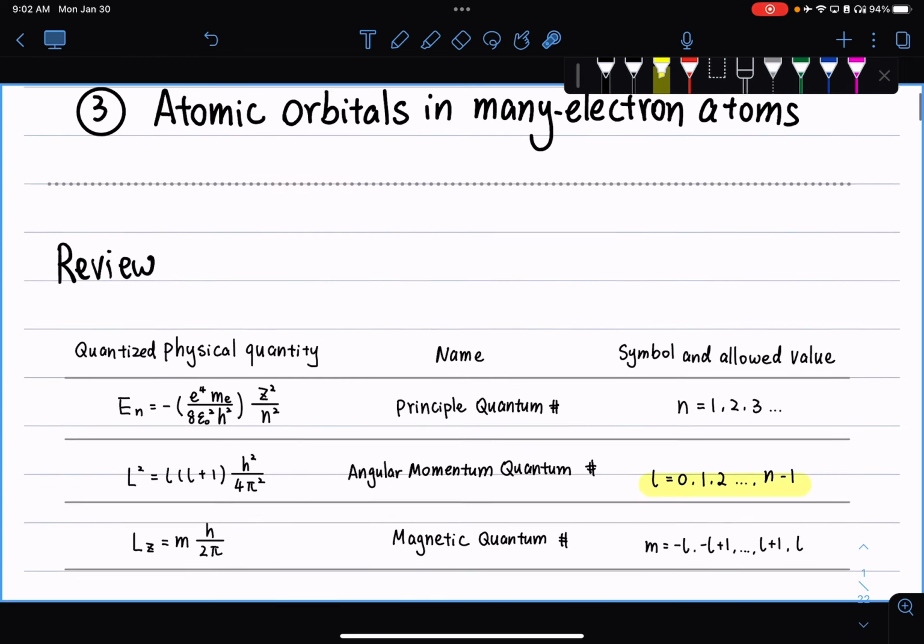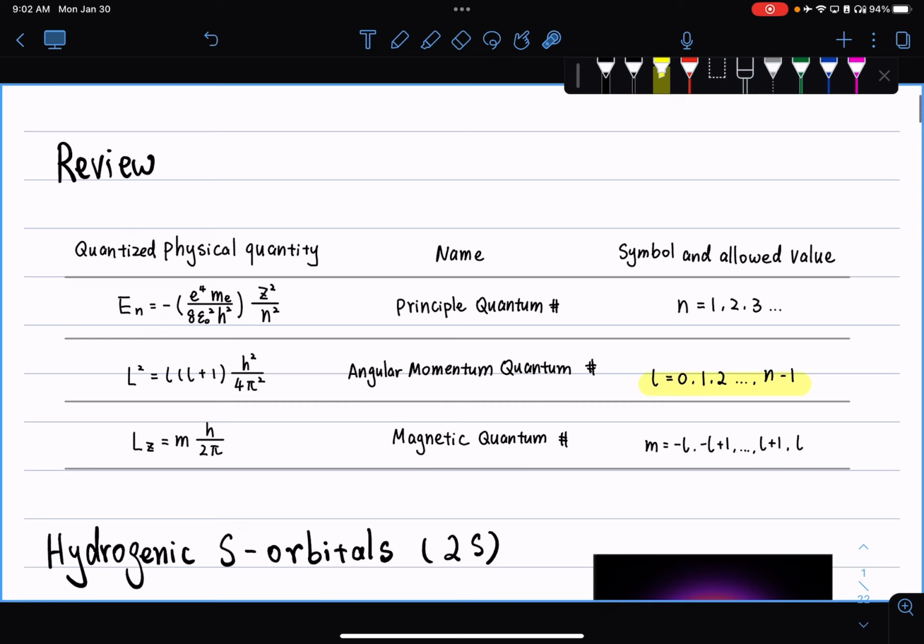Before we get started, here is a quick review on what we discussed in our last lecture. Remember, the solution for the hydrogen atom is a three-dimensional problem. And because it is a three-dimensional problem, naturally we have three quantum numbers associated with the hydrogen atom Schrodinger equation solution.